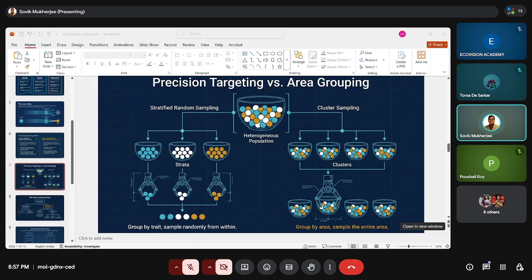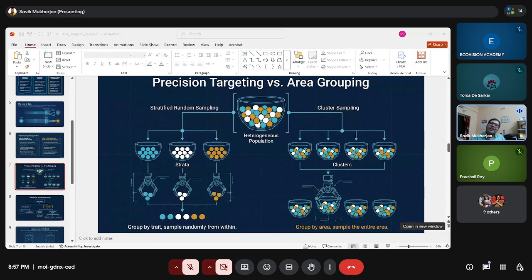So if you can see my screen, I have very clearly marked it on the screen. If you can check it, it will be clear. So we need to understand what exactly we are being asked to carry out. What is the nature of the sample that we have been asked to draw? That will give you the answer in terms of how you are going to carry out your work.